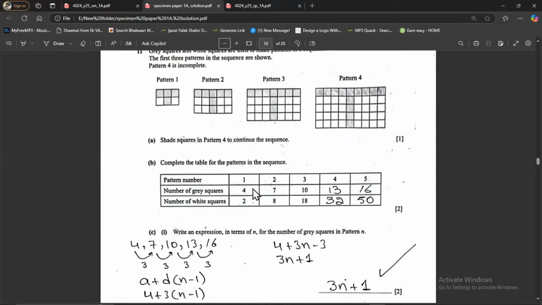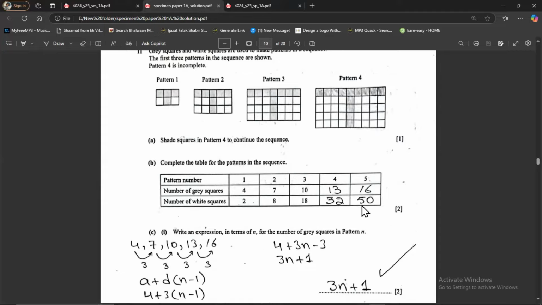Now, if you look here, 4 plus 3 has been added, 3 added, 3 added, 3 added, it will become 16. If you look here, this is 2, then you have 8, then 18, then 32, and then what we will have is 50.